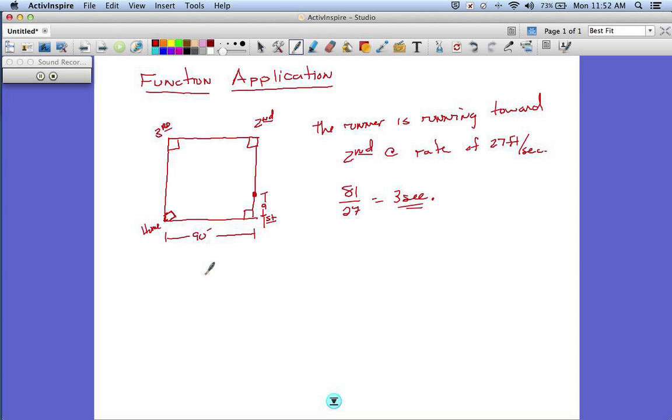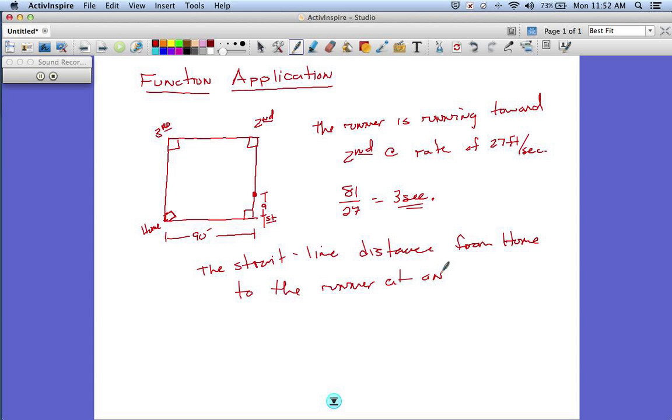Well, we are charged with the task of finding the straight line distance from home to the runner at any time t.